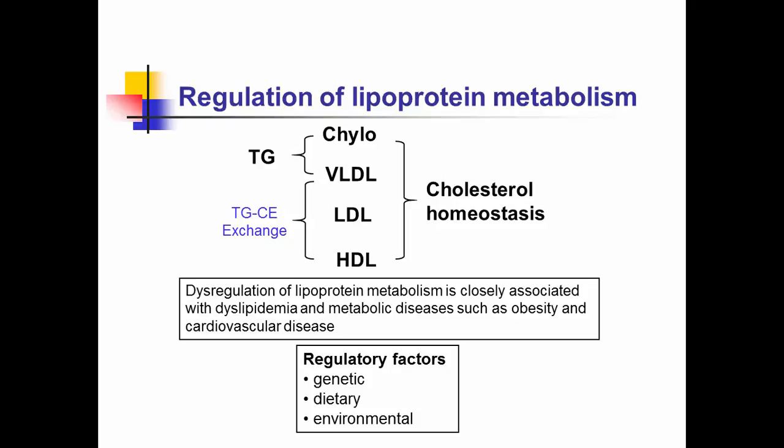So although VLDL and chylomicron are not the major lipoproteins that regulate cholesterol homeostasis, they are also involved and play some role, right? LDL and HDL play the major role, but chylomicron and VLDL also play some role in the regulation of cholesterol levels, right?